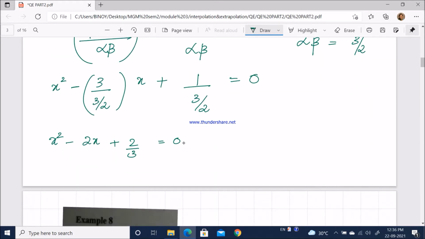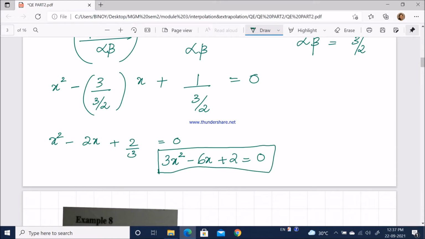So this can be rewritten as 3x square minus 6x plus 2 equals 0. So this is the required quadratic equation for the roots 1 by alpha and 1 by beta.